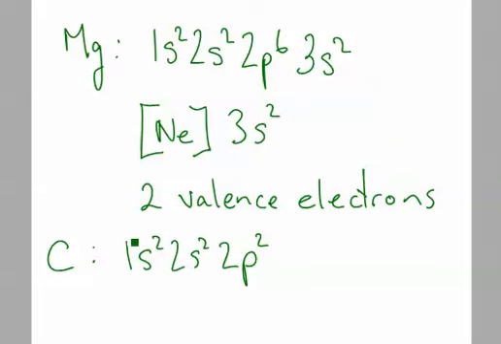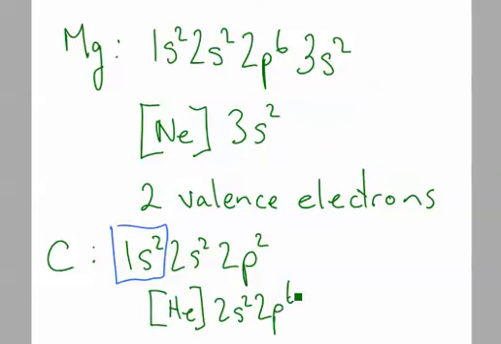Now, when we look at carbon, so up here, magnesium had 2 valence electrons. We saw that sodium had 1. In the case of carbon now, our core electrons are these. So our condensed configuration for carbon would be helium and then 2s2, 2p6.